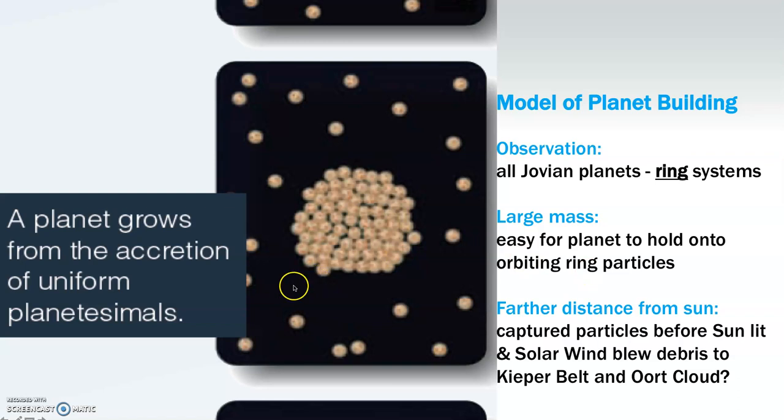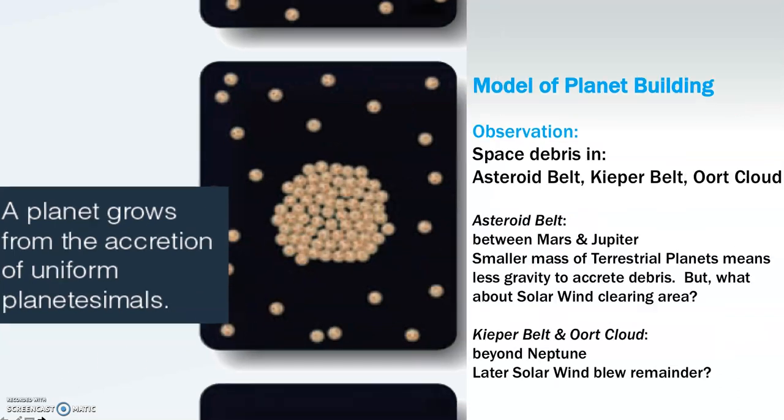So there is some thought that the accretion model can look at the rings and can look at the Kuiper belt and the Oort cloud of dust beyond the Jovian planets.